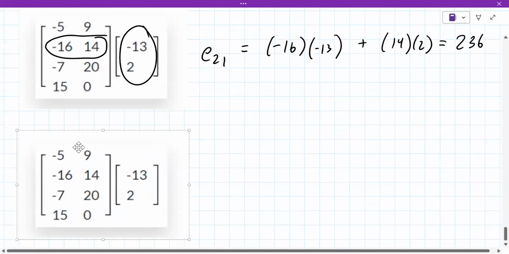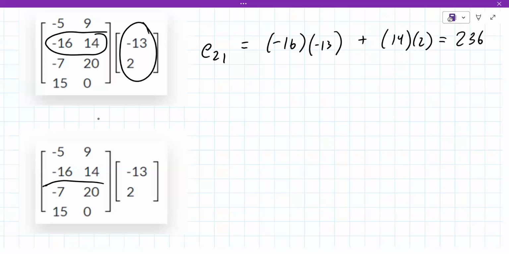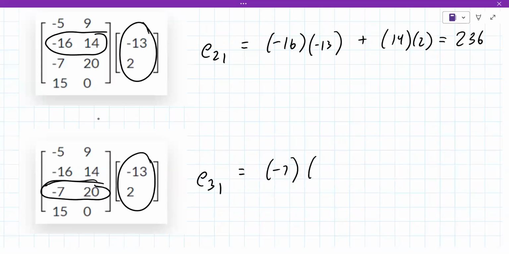And then similarly, we do the same thing here with the third row. Take the third row by the first column, E31: -7 times -13 plus 20 times 2 ends up equaling 131.